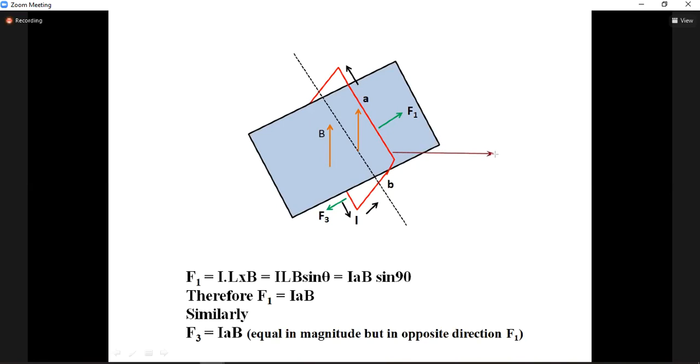This one is side 1 and this side at the bottom of the paper is side 3. So the force that will act on this side will be called F1, while the force acting on its opposite side at the other end will be called F3. So what would be the direction of the magnetic force?